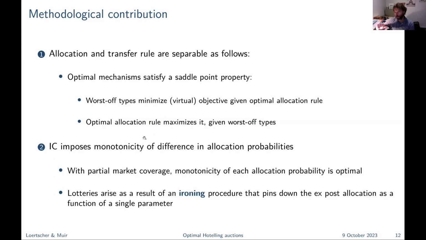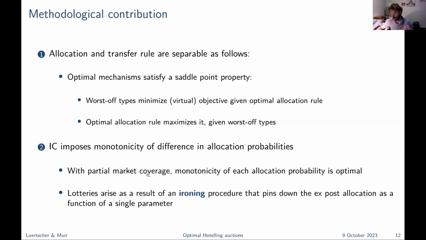The other problem is that, as I alluded to, the incentive compatibility imposes a monotonicity constraint only on the difference between Q0 and Q1, how that must vary in X. But it doesn't independently restrict the Q0s and the Q1s.